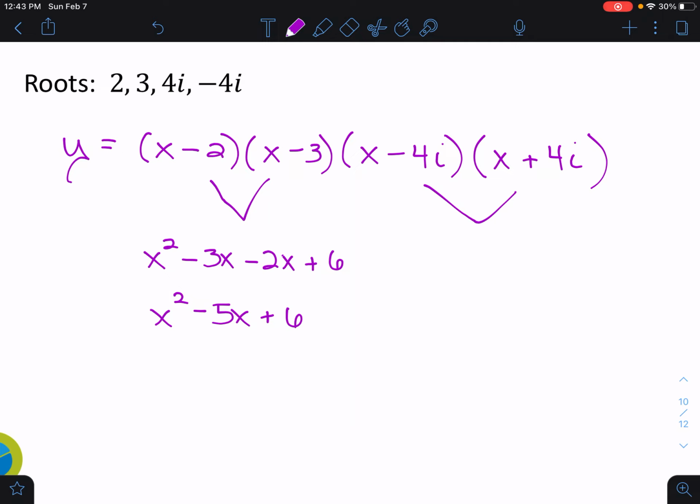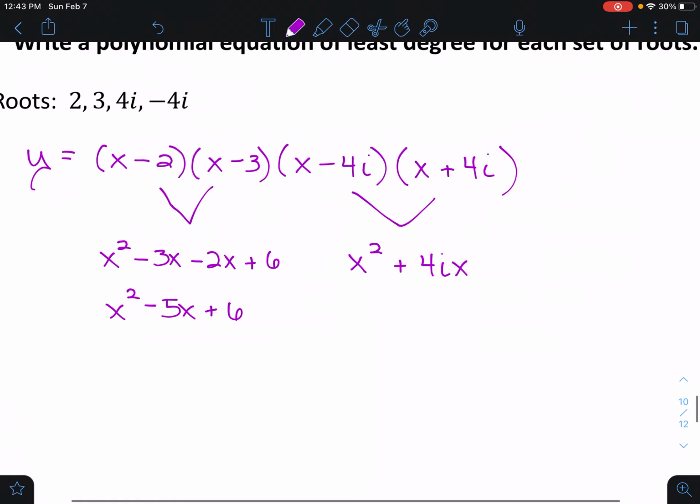So let's see. This would be x squared plus 4ix minus 4ix minus 16, and then i times i is i squared.